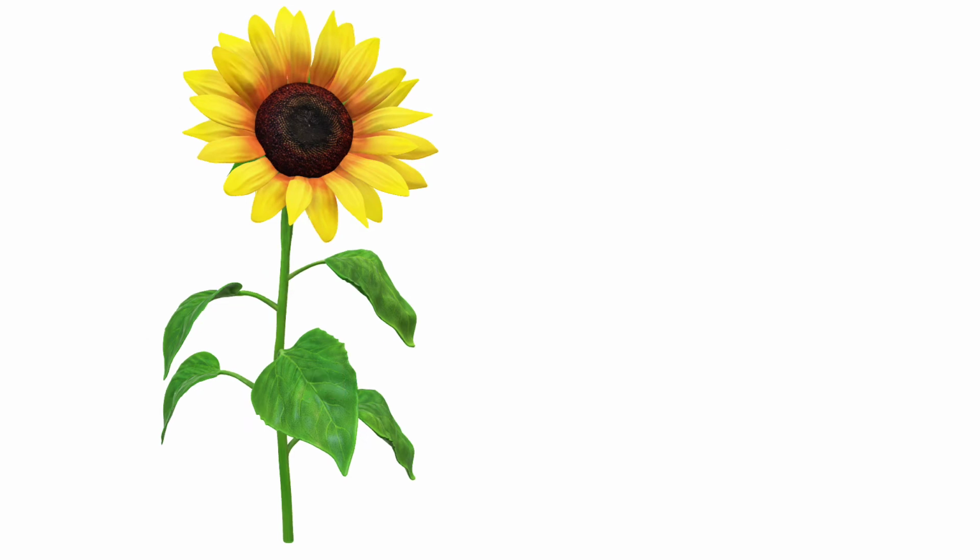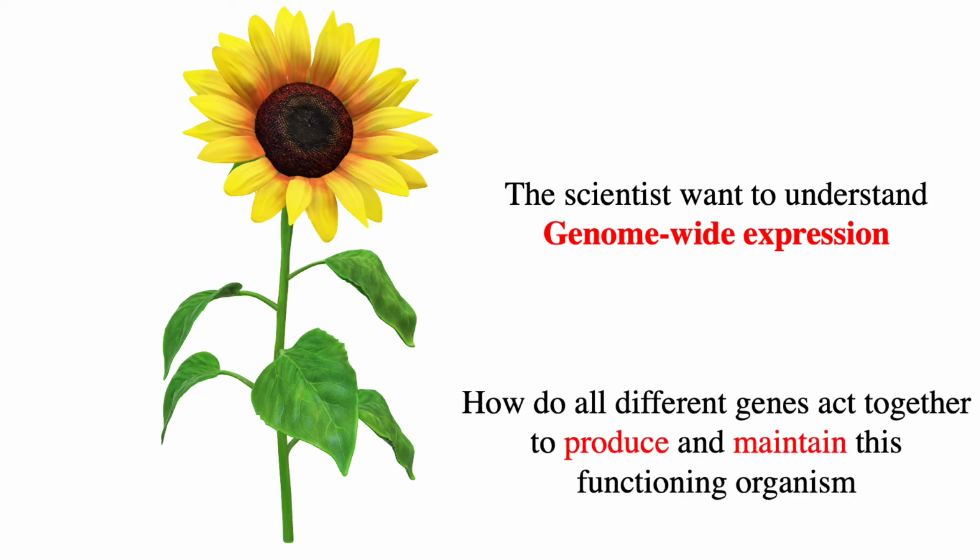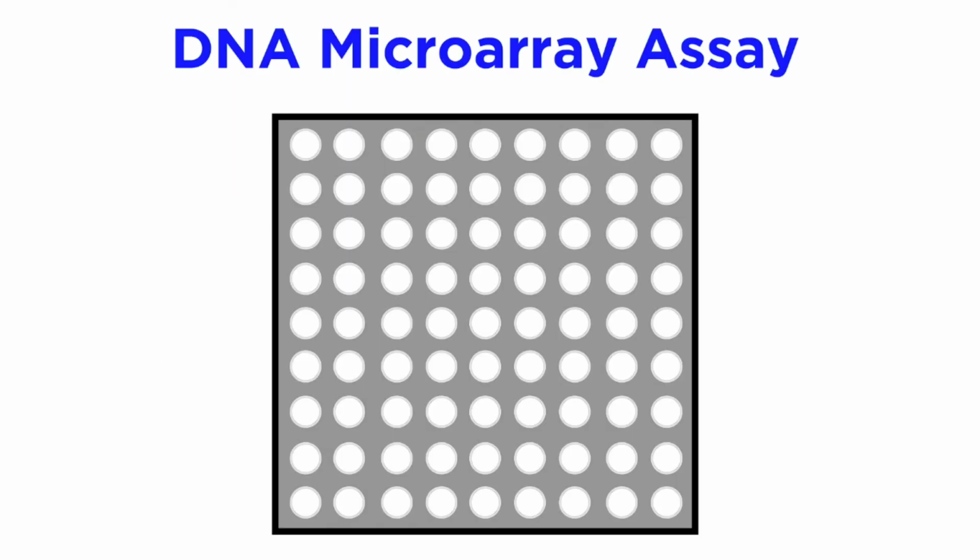But more importantly, biologists are often interested in understanding genome-wide expression. In other words, we want to understand the ways that many different genes act together to produce and maintain a functioning organism. To do this, we will typically perform something called a DNA microarray assay.